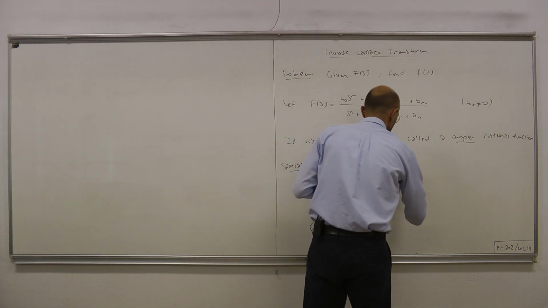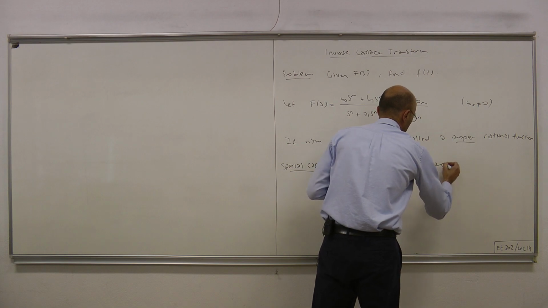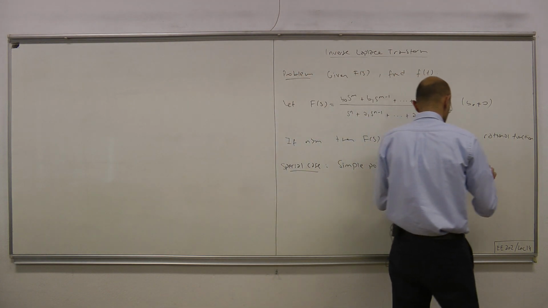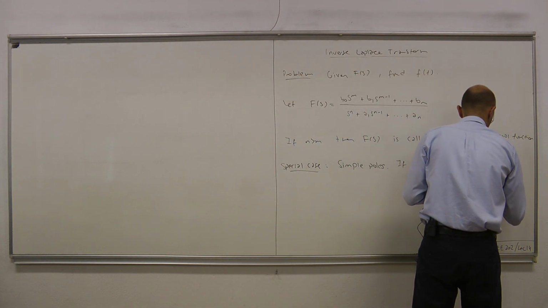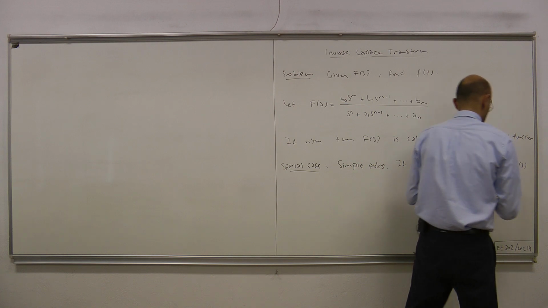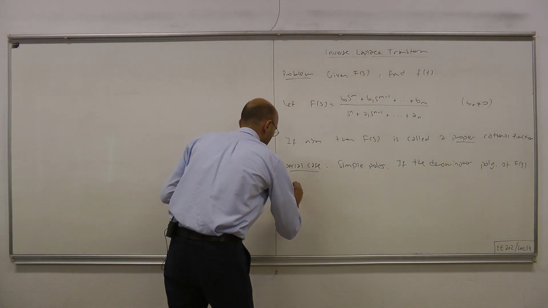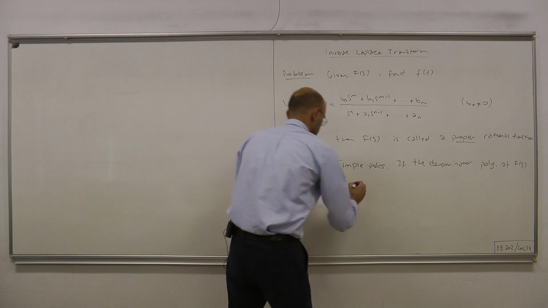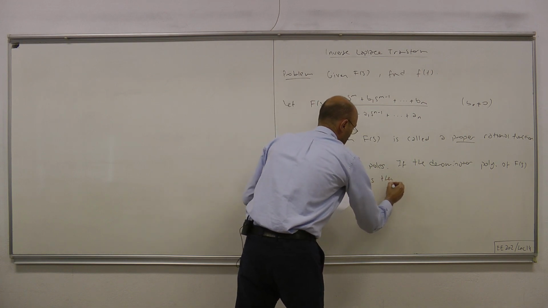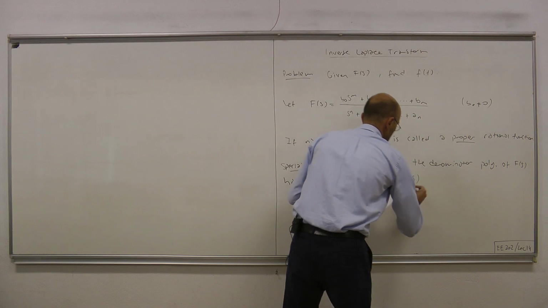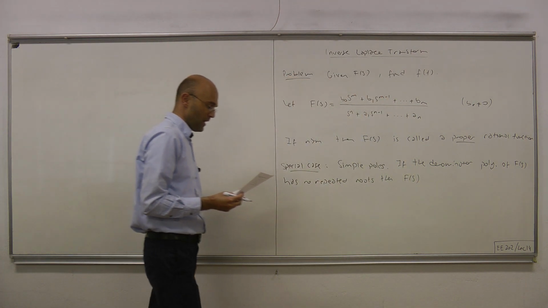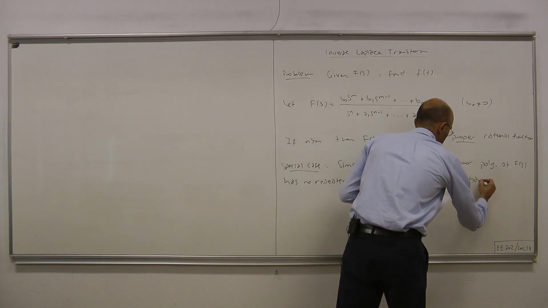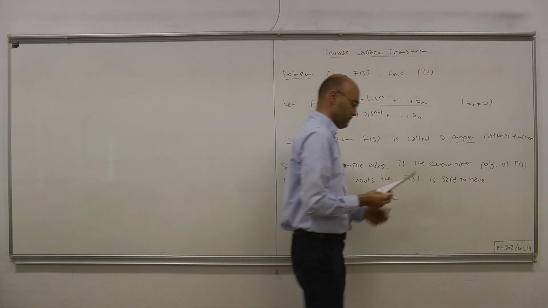If the denominator polynomial of F(s) has no repeated roots, then that F(s) is said to have simple poles.